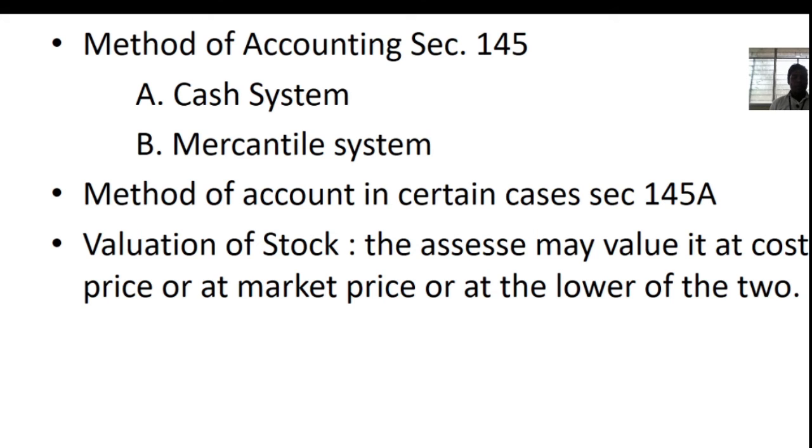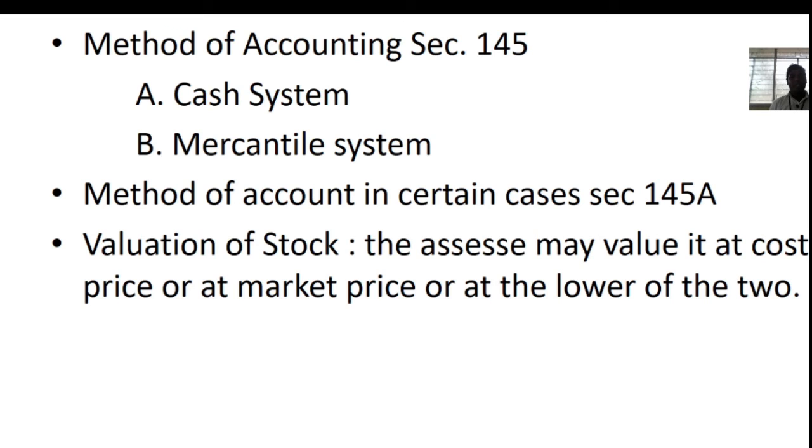In the mercantile system, cash as well as credit transactions are recorded, including outstanding items. Such a system is generally adopted by trading concerns. However, the central government may notify from time to time accounting standards to be followed by any class of assessees or in respect of any class of incomes.